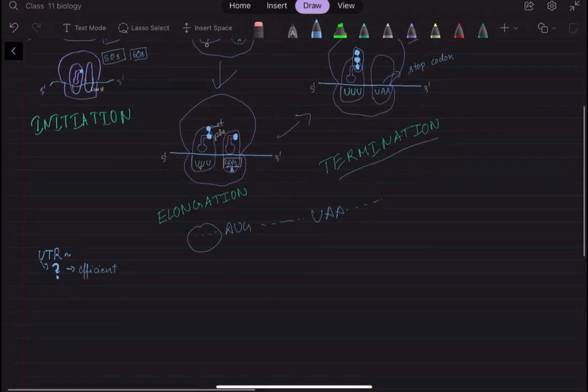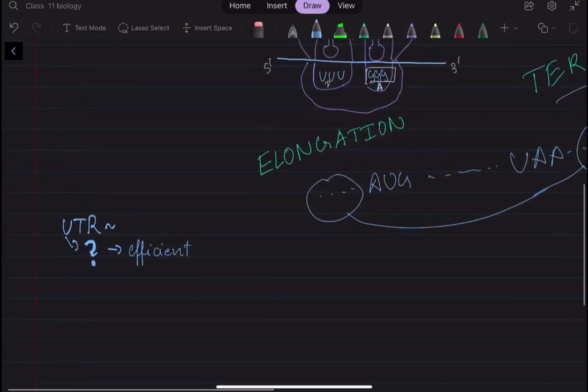This region is called the untranslated region or UTR.